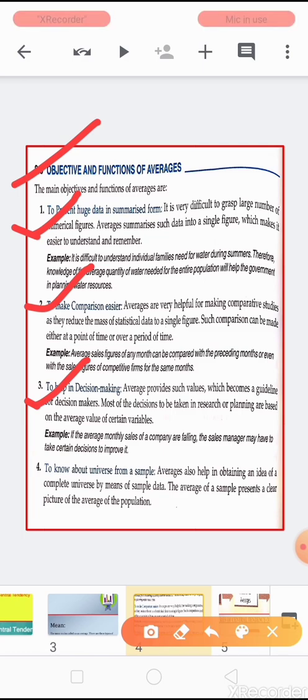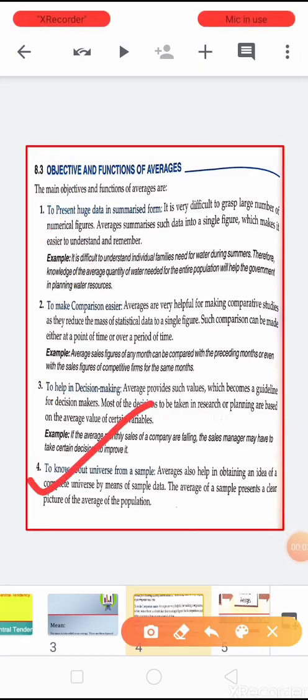So average also helps in formulating policies. As in the example I gave, India's per capita income is very low compared with the per capita income of USA, so it becomes clear for the government to focus on economic policies likely to increase the per capita income.